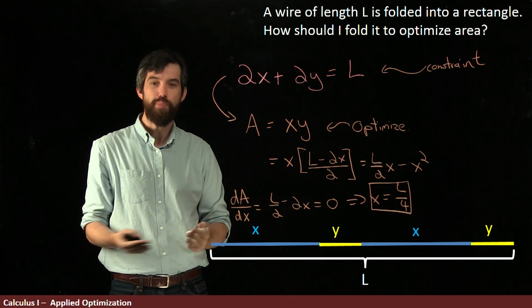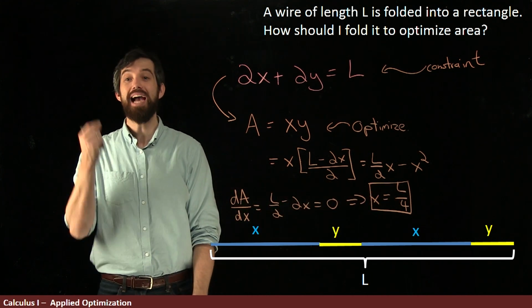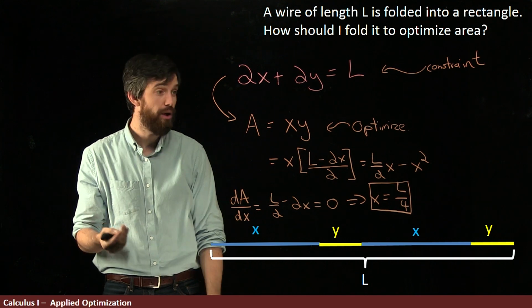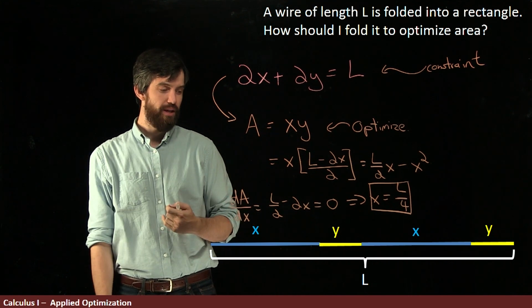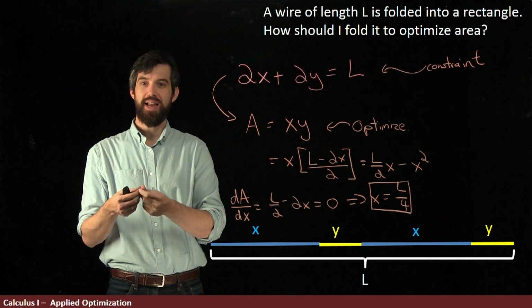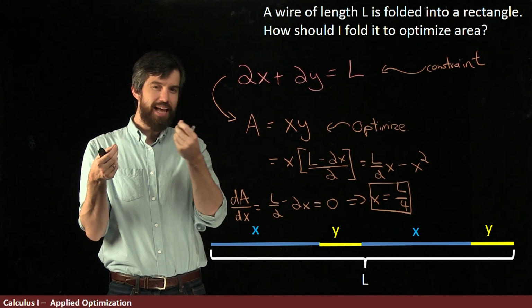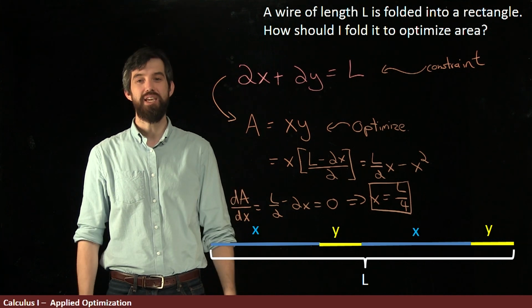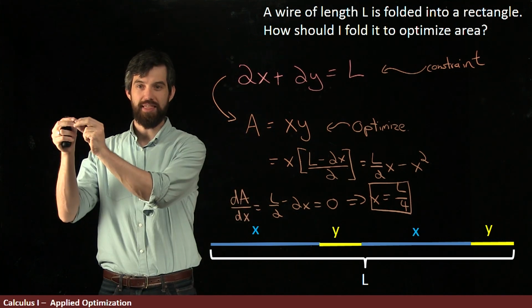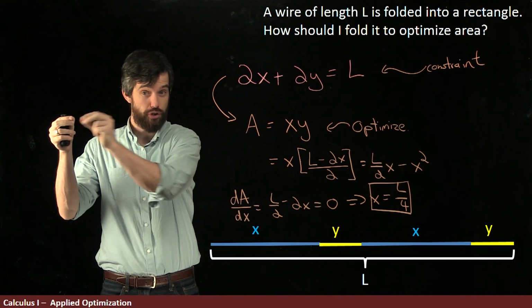Well, one endpoint, if I think about this, would be maybe x was equal to 0. Okay, if I plugged in x equal to 0, the area would be 0. The other possibility would be that x was equal to exactly L divided by 2. So this would be the rectangle, if you really want to call it that, that goes straight up, has no height, and goes straight back.